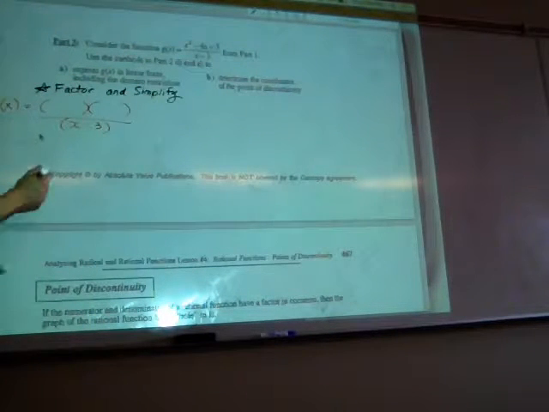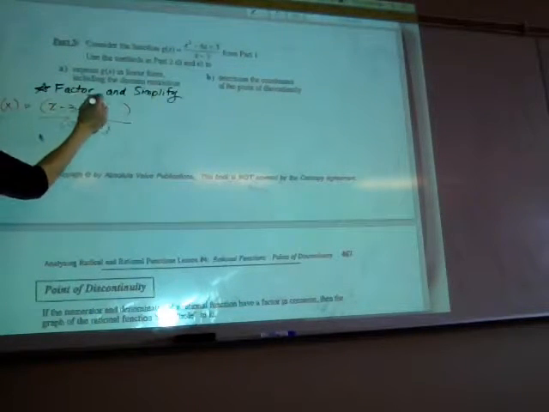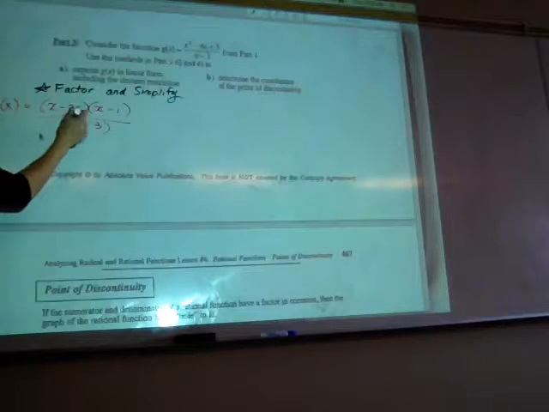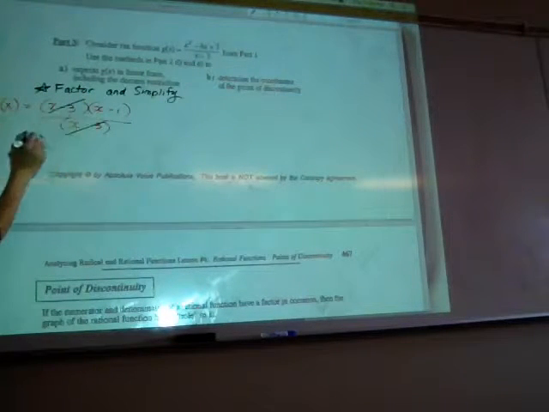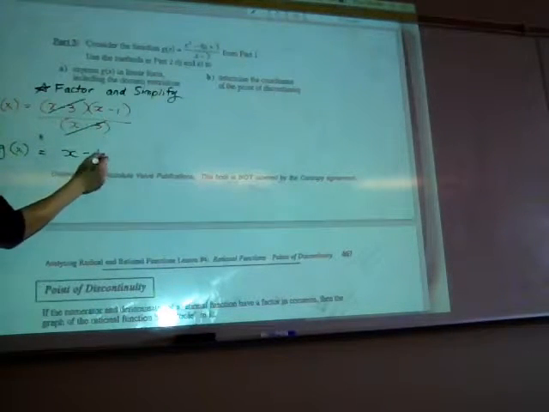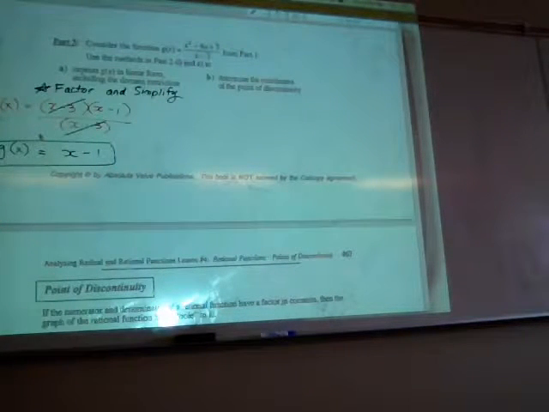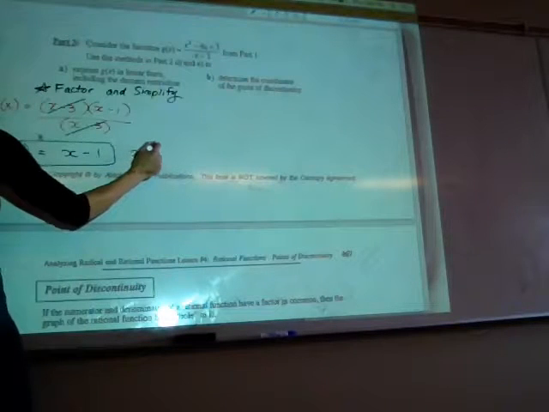We can factor that into x minus 3 and x minus 1. We have common factors in the numerator and denominator, so those can be cancelled out. And our function g of x is simplified to just x minus 1, with a domain restriction of 3. x cannot equal 3.